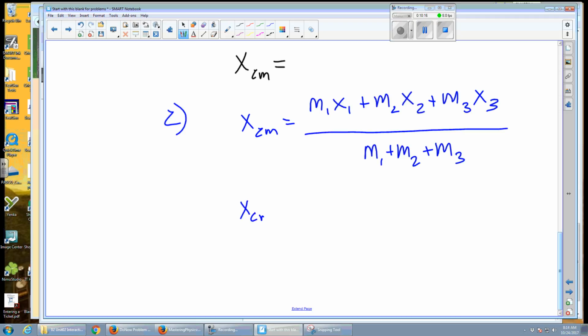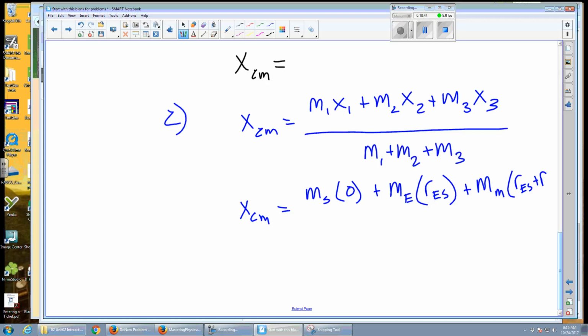And I think I'll use the Sun as the first one, so that would be 0 away from the Sun. This will be the Earth, which is the radius of the Earth to the Sun away. And then the Moon is the third one, which would be the radius of Earth to Sun plus radius Earth to Moon.